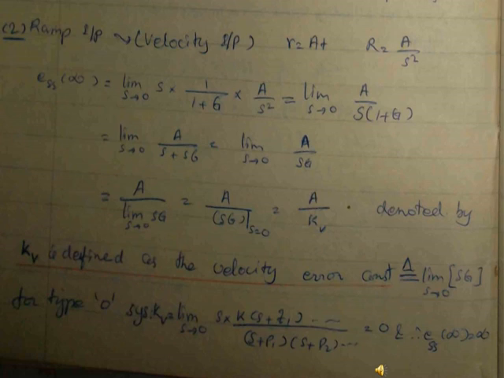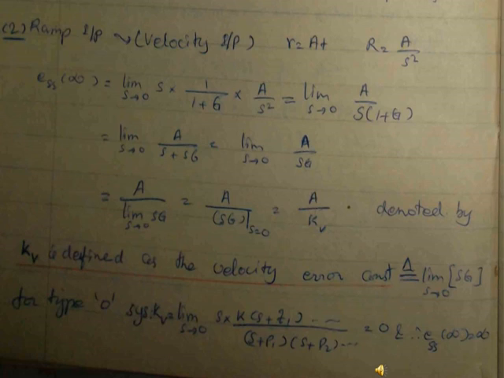Putting S approaching 0, that will be A by KV. So KV is the constant for the velocity input, and KV is defined as the velocity error constant, the limit of SG as S approaches 0.